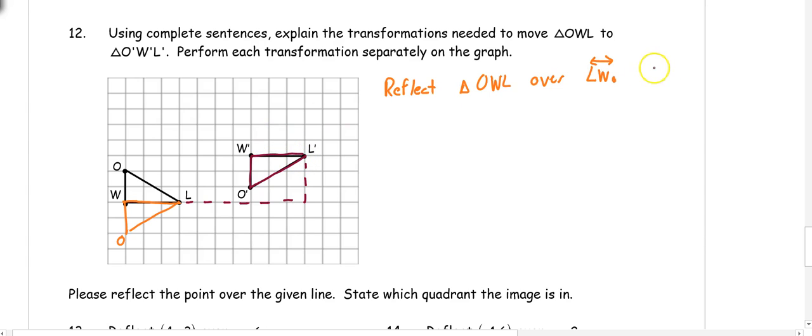I need to translate all points of triangle OWL. We know that we need to move right and up, so we're going to count how many using the grid line. So 1, 2, 3, 4, 5, 6, 7 to the right, and up 3 units.